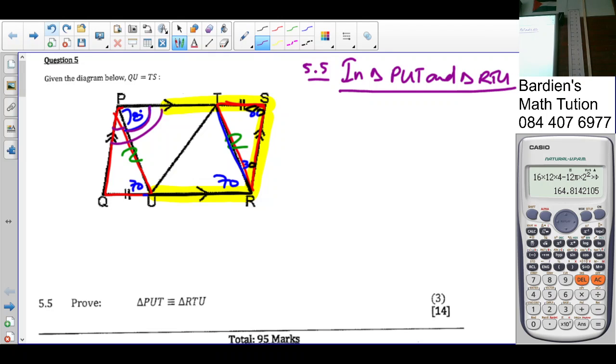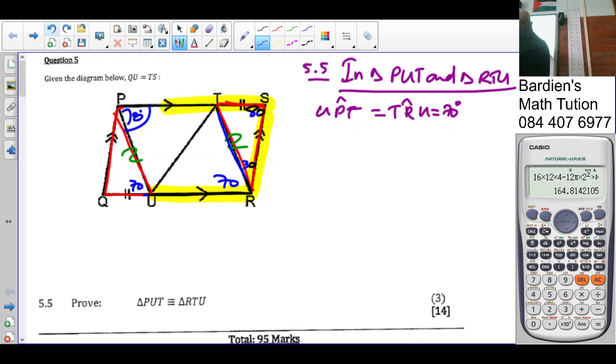You won't be penalized. But rather play it safe. So we're saying UPT is equal to TRU, which is equal to 70 degrees. Where do we get that from? It was proven to us. Not so? So, what else can we say?